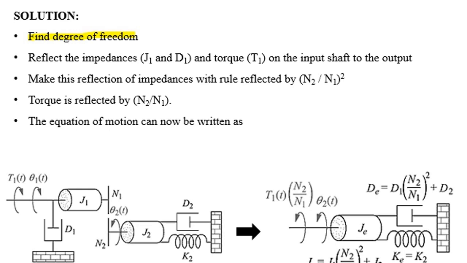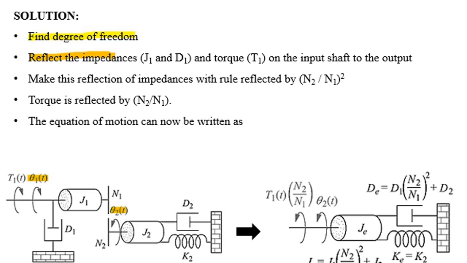Then we will define the degrees of freedom. For this system we have degrees of freedom equal to 1. As you can see in the figure, both systems are connected with the help of gears. If any point on the input side rotates due to torque, it will also rotate the second or output system. So this system has degrees of freedom equal to 1.